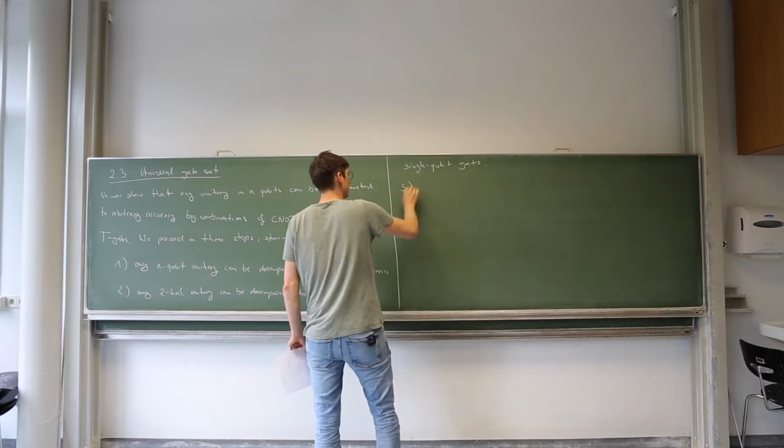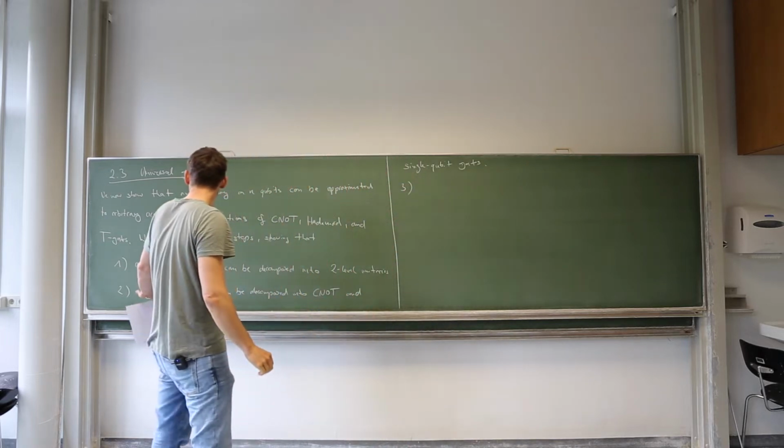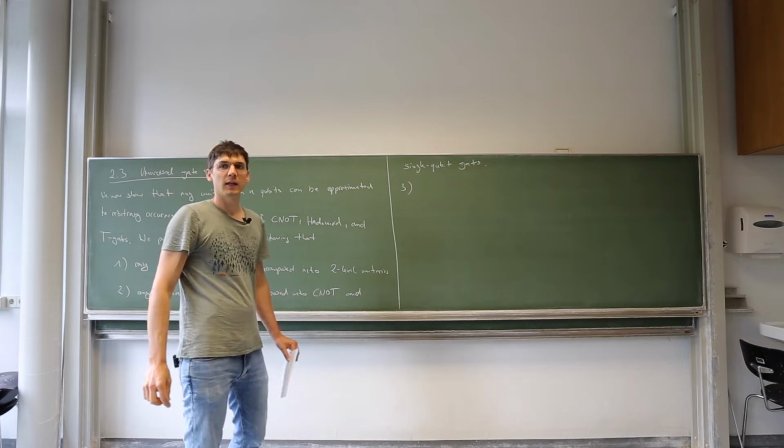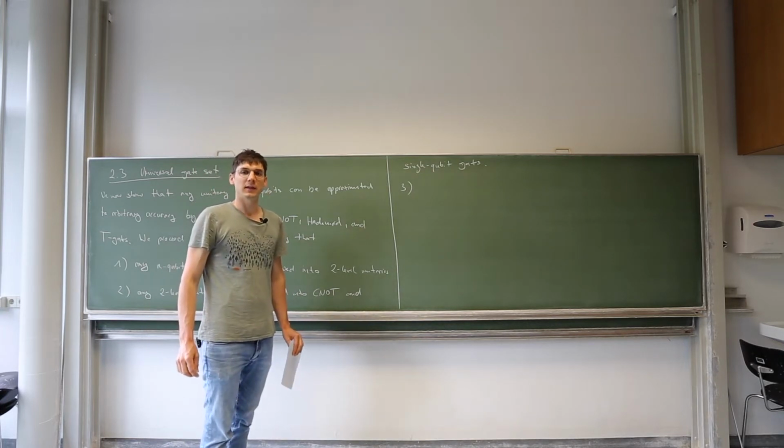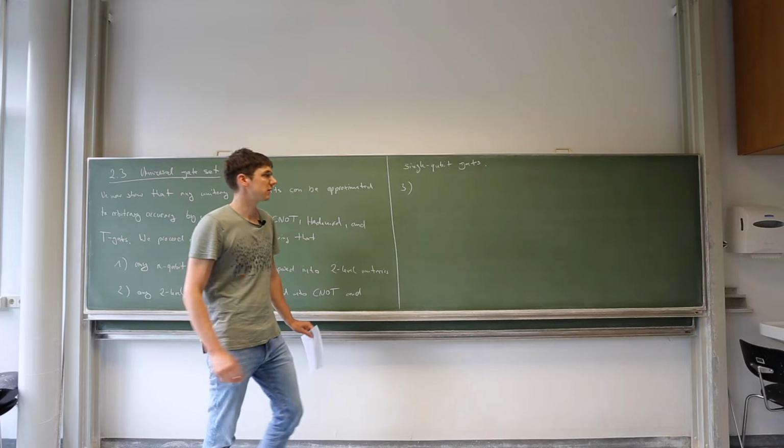And the third part is then showing that any single qubit gate can be approximated to arbitrary accuracy by compositions of Hadamard and T gates.